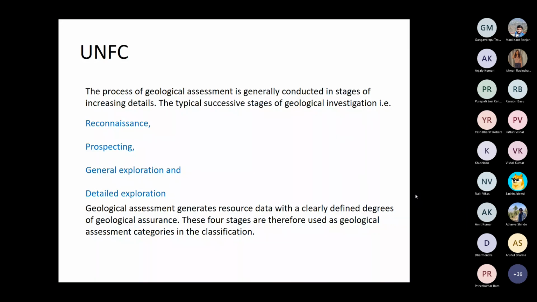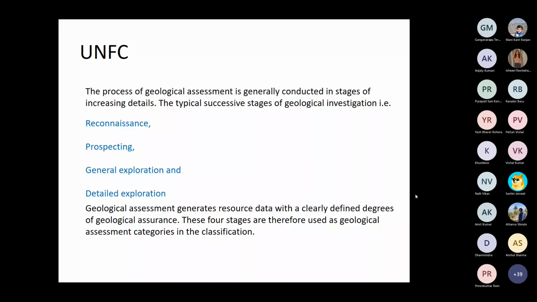The typical successive stages of geological investigation are: number one, reconnaissance; number two, prospecting; number three, general exploration; and number four, detailed exploration. Detailed exploration is the highest level of geological exploration for the purpose of estimating economic resources.